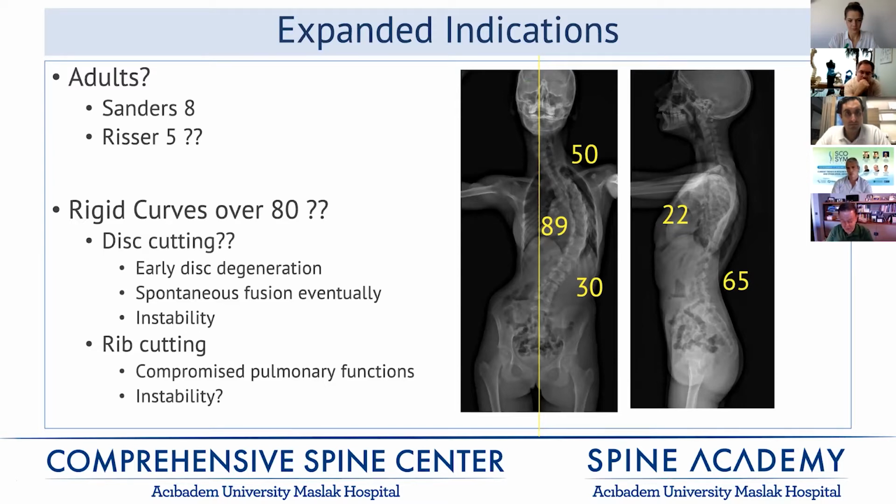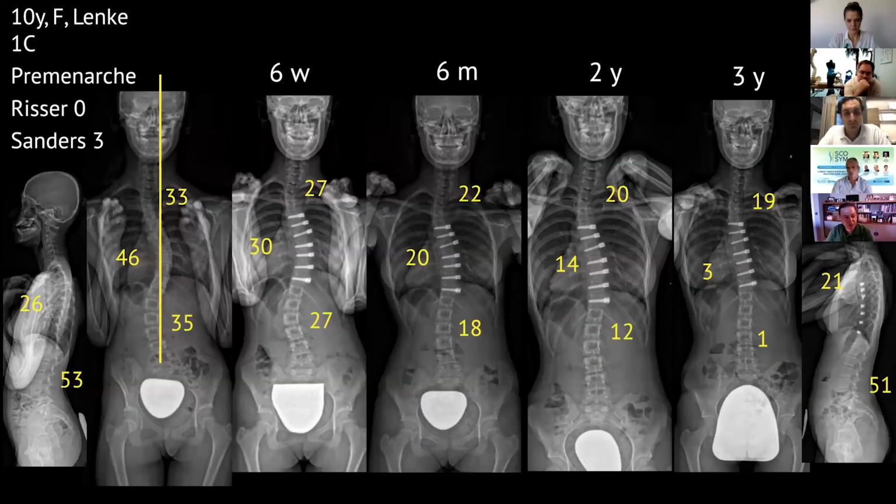A typical indication is this rapidly growing patient, premenarche, Risser 0, Sanders 3. As you can see, there are 3 curves: 46 degrees of main thoracic, 33 degrees of upper thoracic, and 35 degrees of lumbar curve, which is a Lenke type 6 curve. We corrected this patient to 30 degrees with the initial surgery.